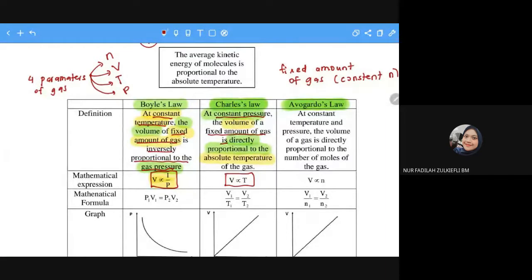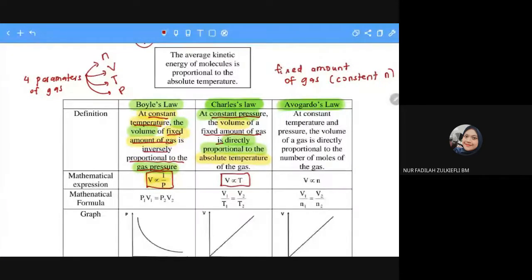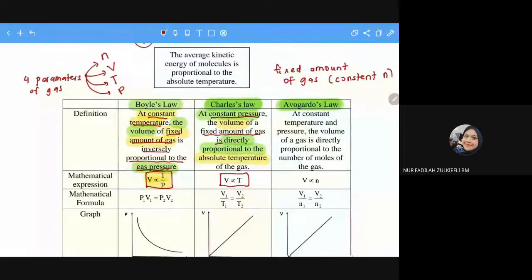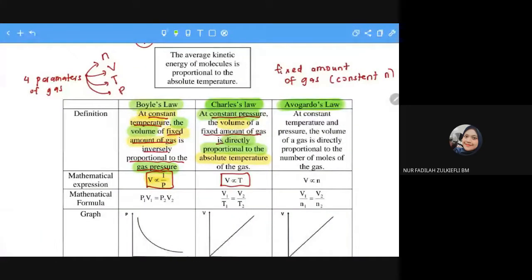Boleh follow teacher so far? Kita proceed. Okay, what about Avogadro law? Kalau Charles law, volume and temperature. Kalau Boyle's law, volume and pressure. What about Avogadro's law? What parameters yang dia nak study? Volume and number of moles. Volume and number of mole of gas, right?